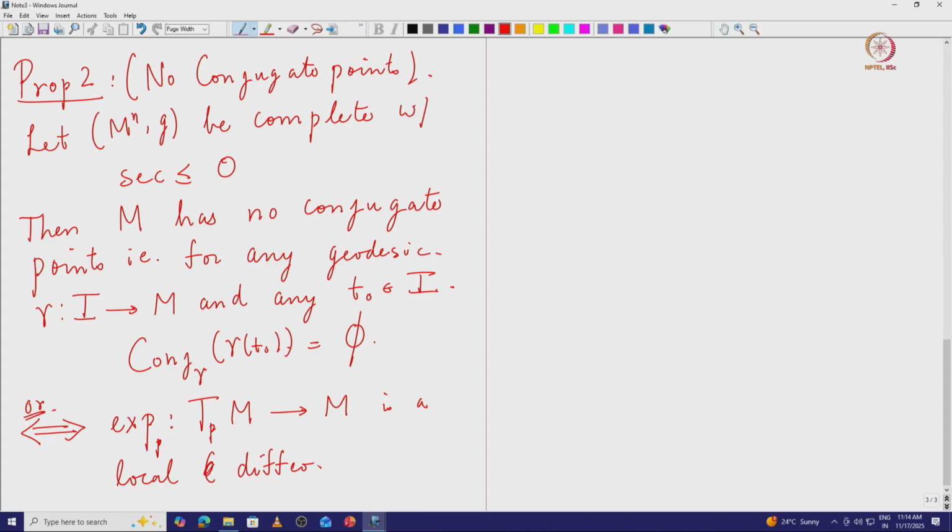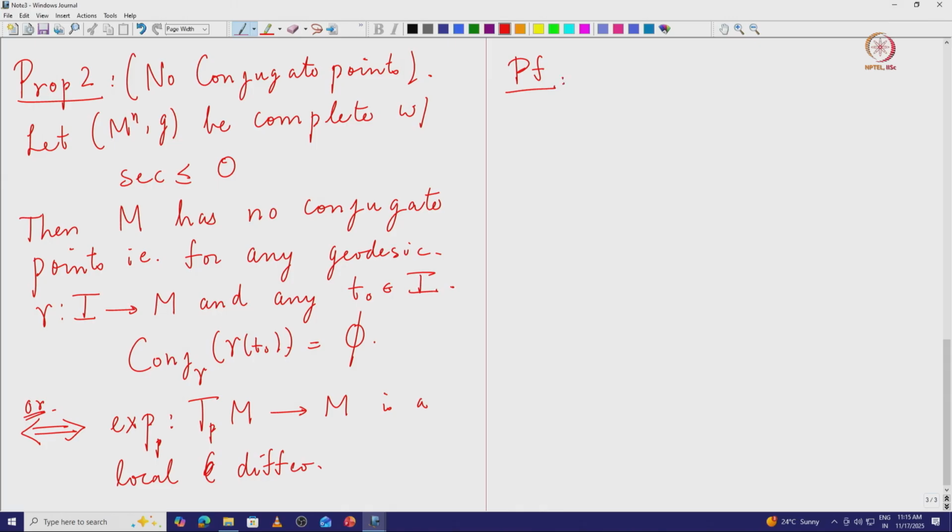Because not having conjugate points, remember we had this relationship between conjugate points and the singular values of the exponential map. So not having any conjugate points implies that the derivative of the exponential map at any point is actually invertible. So then by the inverse function theorem, that would imply that the exponential map is a local diffeomorphism, right. Okay, so how do we prove this proposition?